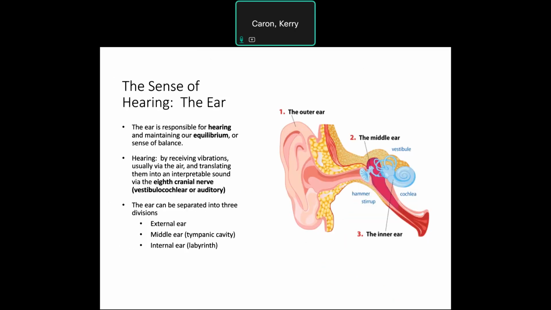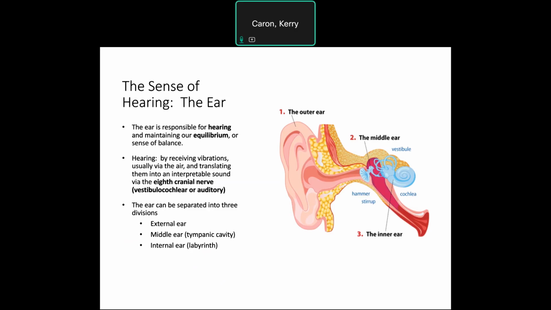The next one is the ear and the sense of hearing. The ear also is responsible for maintaining equilibrium or sense of balance. So we get 2 for the price of 1 with the ear. We get hearing and the sense of balance. And what hearing is basically is vibrations.